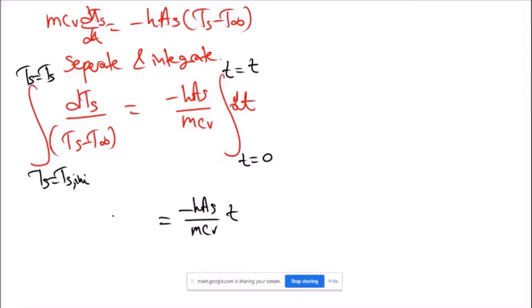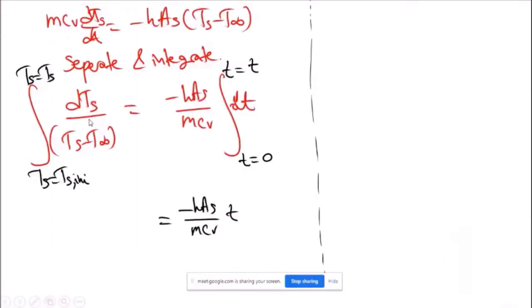For this ln function, firstly we should find the integral. What is the integral of dTs/(Ts minus T infinity)? Let me write it here. Is it a question, sir?